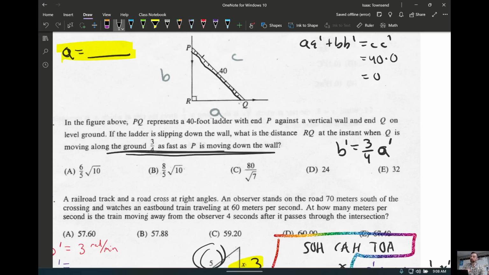Okay, so in this question, if we are trying to solve for A, I'm going to leave A in my equation. I guess I'll leave A prime as well.